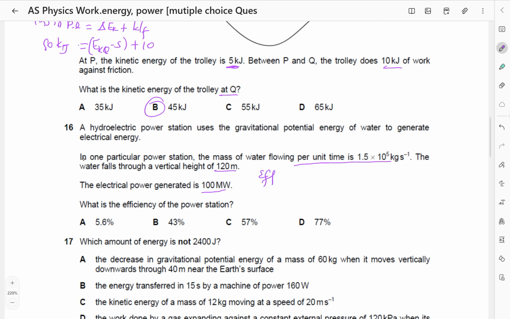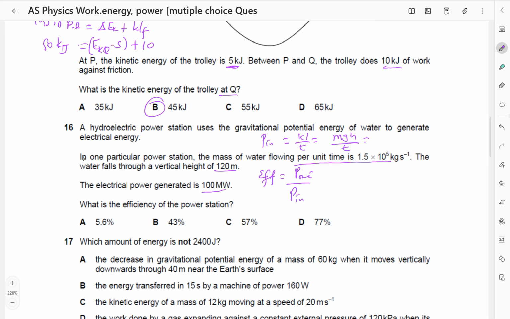So efficiency is going to simply be equal to the power output divided by the power input. Of course, we have agreed that the power output is 100 megawatts, but the power input is the work done over time taken, which will be mgh over t.